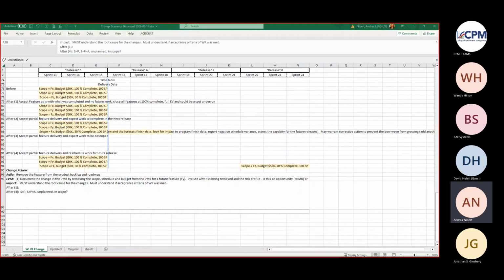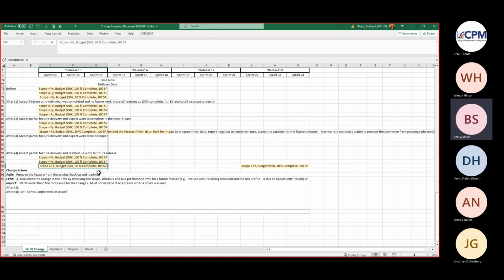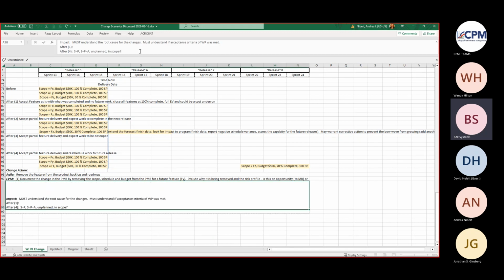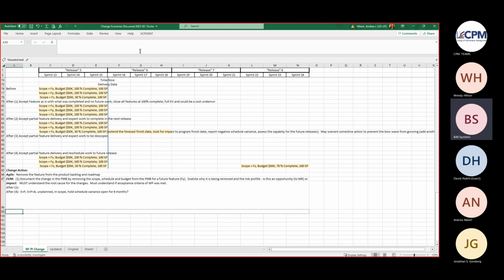Okay, so what do the rest of you think? So are the two options related to: one is you are holding your work package open for the 6-9 months or whatever and showing your schedule variance, whereas the other option would be you're de-scoping the remaining work and putting it out in a planning package in the future to be reevaluated, so that you're not reporting on it for 6 months.